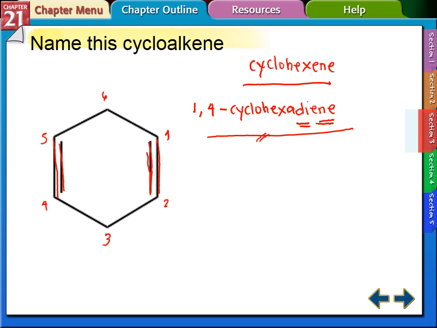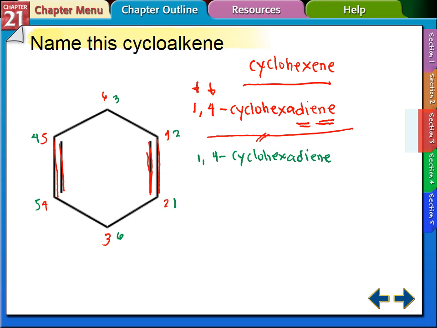So this is the same process as how we name it if it was not a cycloalkene, just a straight chain. Diene again means that we have two double bonds, and these double bonds can be found at carbon 1 and carbon 4. Now, will we have the same name if we start counting somewhere else? For example, if we start counting here, 1, 2, 3, 4, 5, 6, still we will have 1,4-cyclohexadiene.